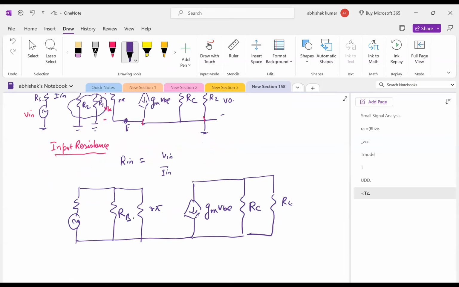And RB, we are defining as R1 parallel R2. Right? And this is your RS, this is your V input. This is I in and this IB is flowing. Can you tell me using current division what is I in?